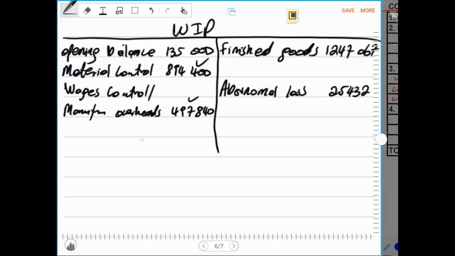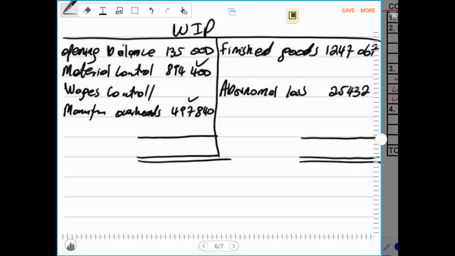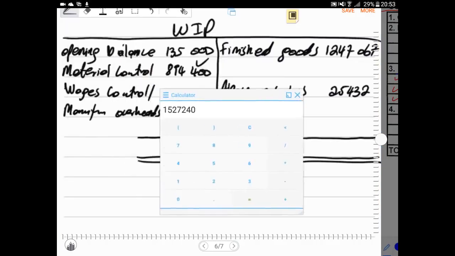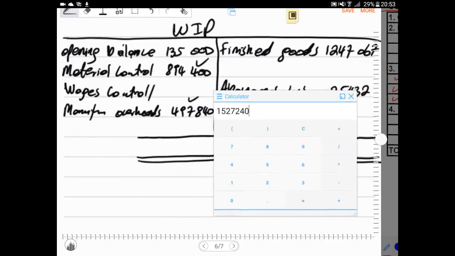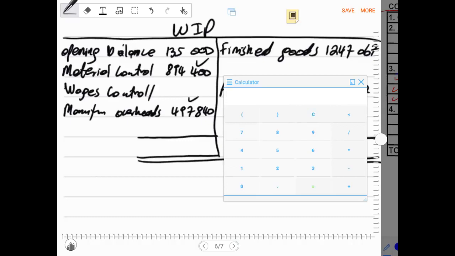So now with that, it means we'll be able to balance this ledger account. And after we balance it, we'll have to take the total of the bigger side, and the total of the bigger side would have been 135,000 plus 894,400 plus 497,840.